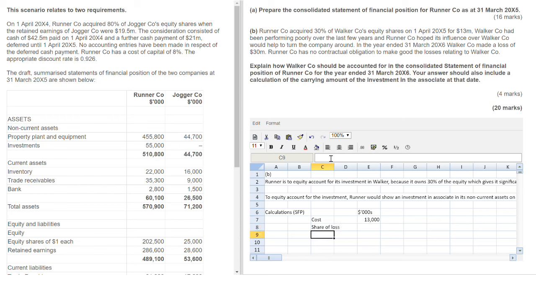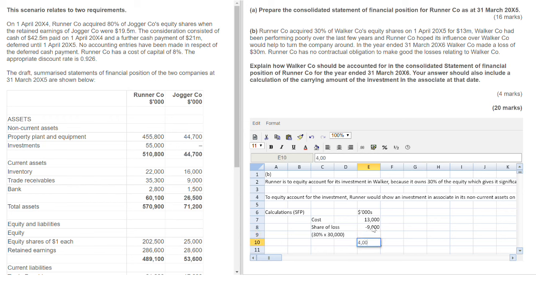of the loss? So here is that 30% multiplied by the loss, which here was it 30 million. Just be ever so careful there, because the loss is then deducted. So 13,000 less than 9,000, the 9,000 being 30% of the 30.